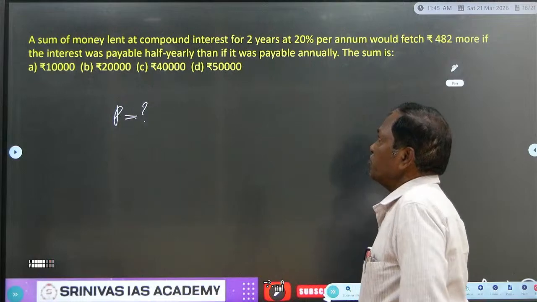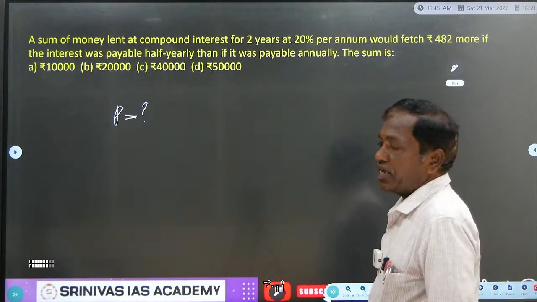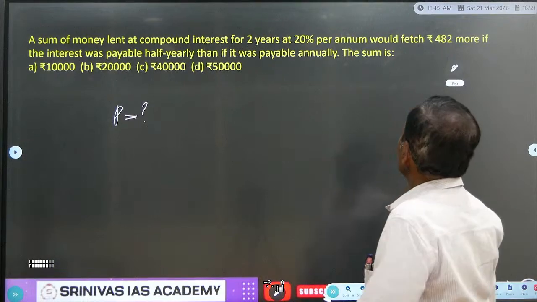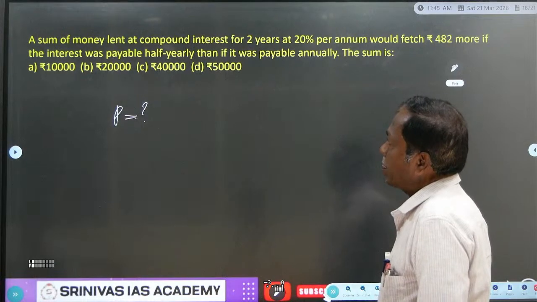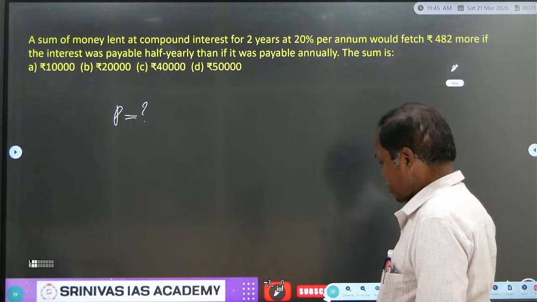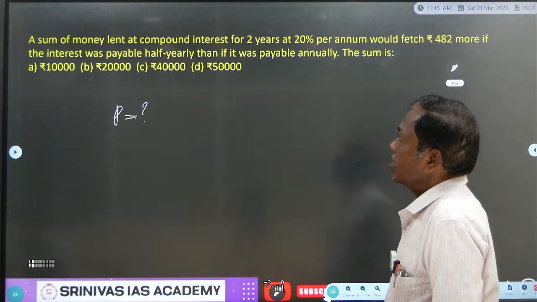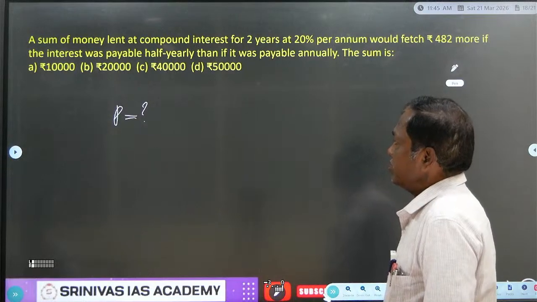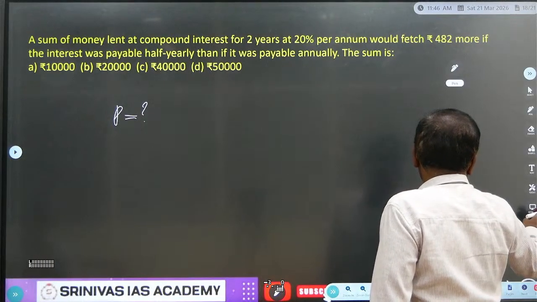It means you have to do 2 calculations. One yearly calculation, one half yearly calculation. That becomes 482. Try and solve, let us see.